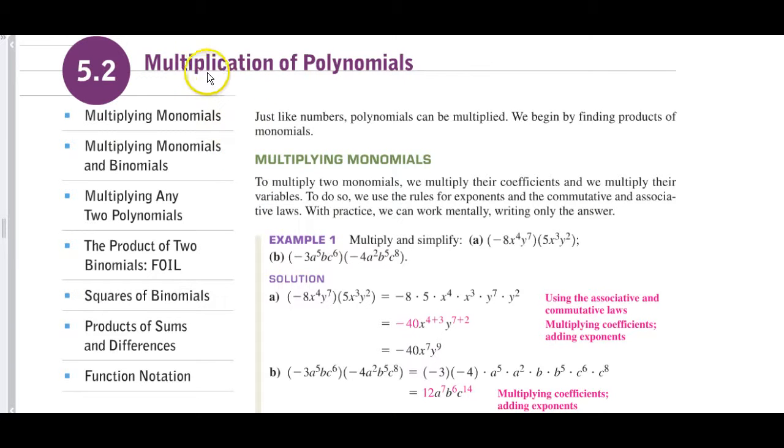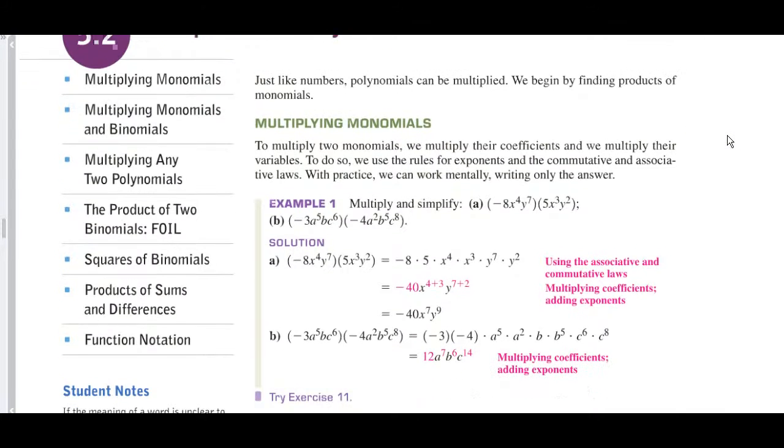And we have multiplication now of polynomials. First, multiplying monomials, a monomial and binomial, multiplying polynomials, the special multiplication process of two binomials called the FOIL, squaring binomials, the product of the sum and differences, and then a review of function notation.